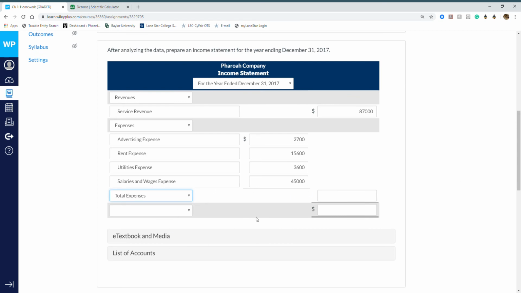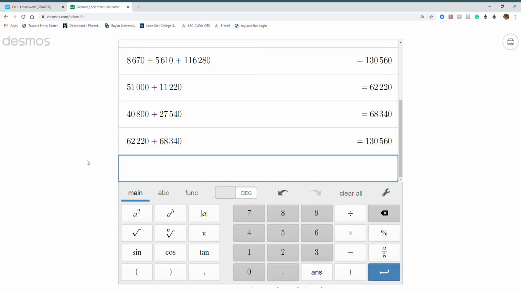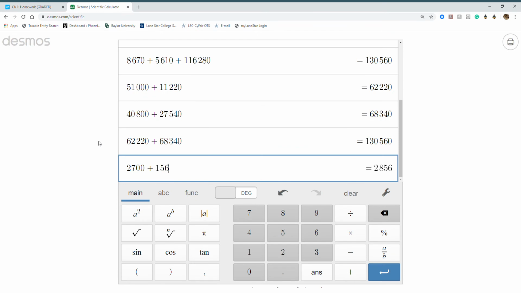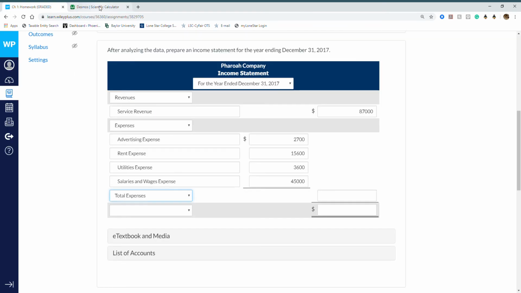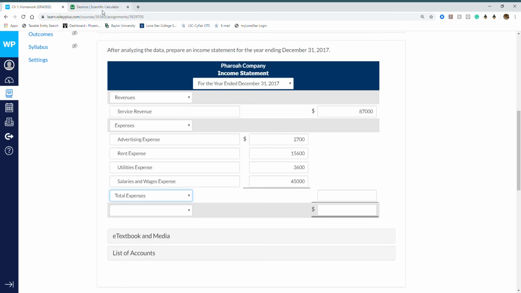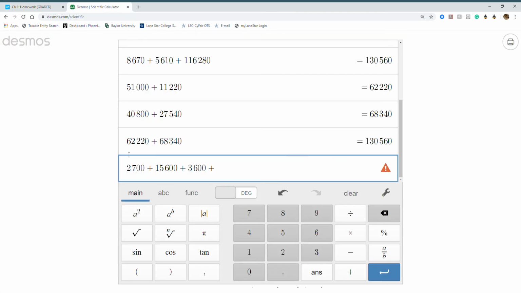This, of course, is our total expense, so we need to add all these expenses together. So we had $2,700 plus $15,600 plus $3,600 and $4,500 at the end.